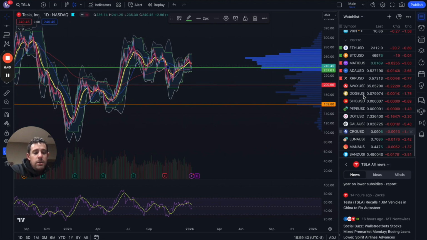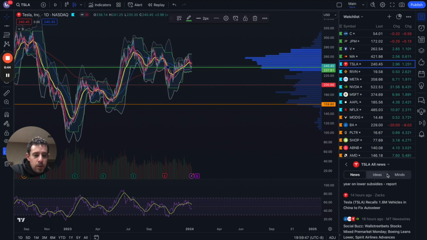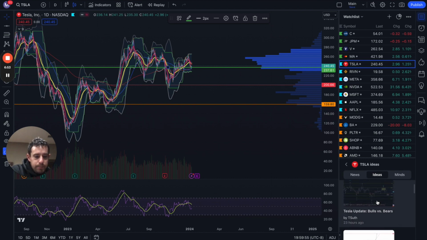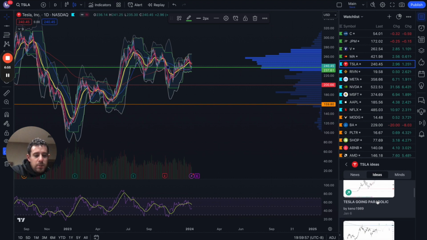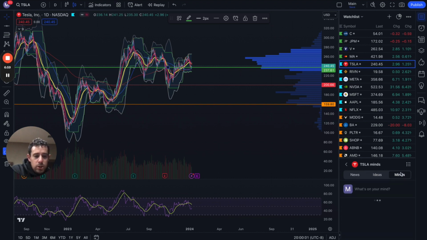Let's talk about one more thing before we head out for the night. You can look at what other people are looking at as well. I will sometimes look at these, but I don't use them too much. But you can see what people are thinking, and there are a lot of technicals for these ideas.